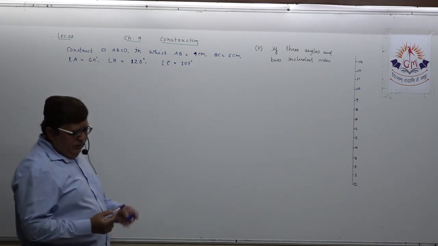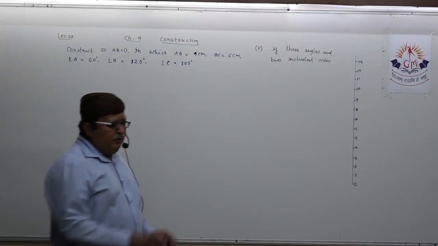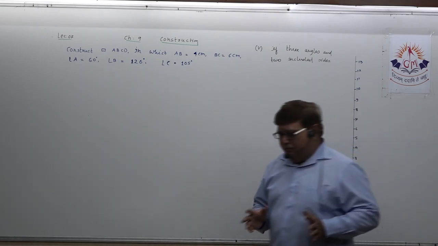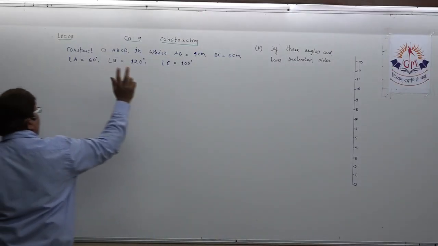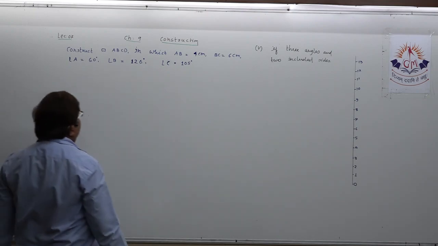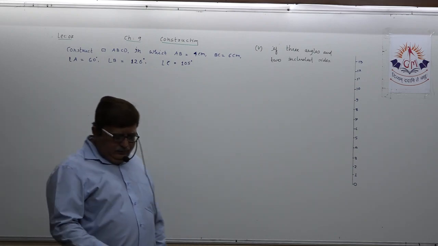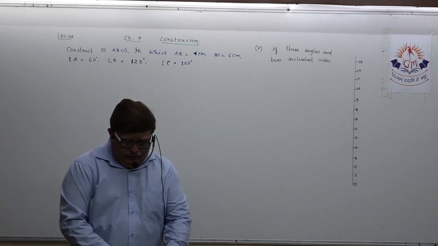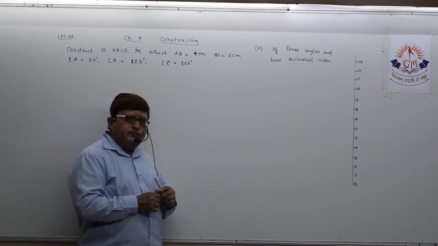So by just reading the data, you will come to know what we are going to construct. First, dear student, understand the data. We are going to construct a quadrilateral in which two sides are given and three angles are given. First just read and try to understand the data, and I want to guide you on how to draw the rough sketch.